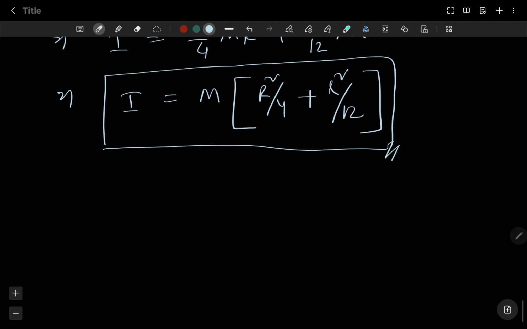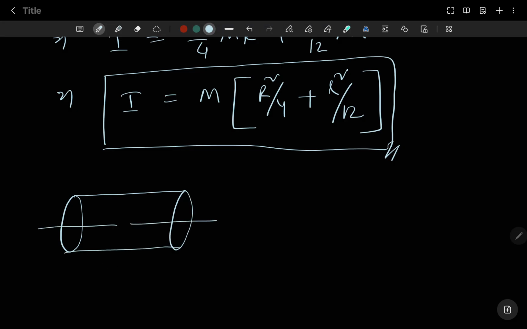Now let us calculate the moment of inertia of a solid sphere. So let me complete it. For a cylinder, I give you this as homework. I know the moment of inertia about this axis, which is actually passing through the center of mass, right? So if I ask you to calculate about another axis, you can calculate using the parallel axis theorem.